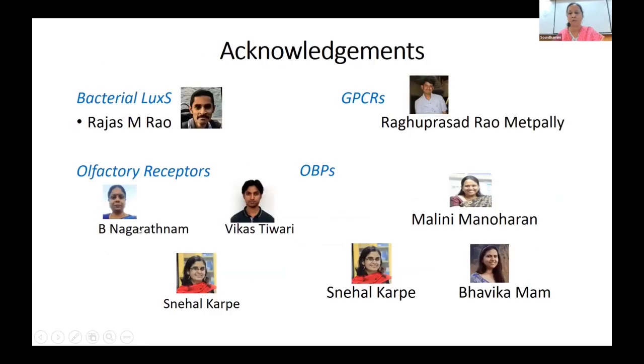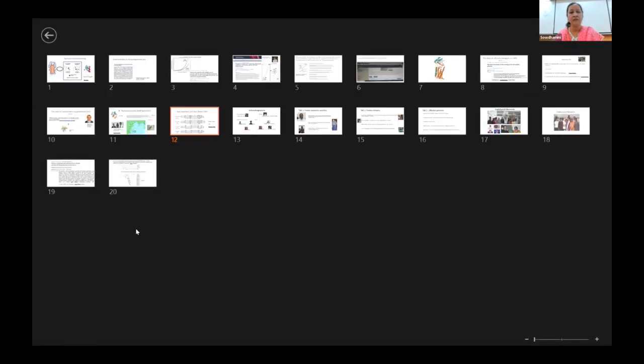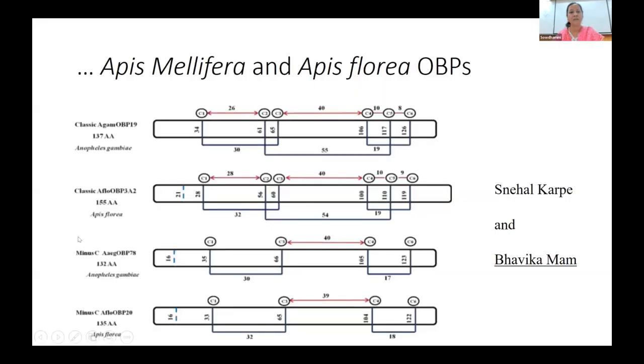They seem to be harboring both of them. And in the case of the -C OBPs, they seem to have diverged from the classic OBPs, as illustrated by Bhavika's computing efforts. And this was work done along with Snehal, because she had tweaked her server to recognize the OBPs.